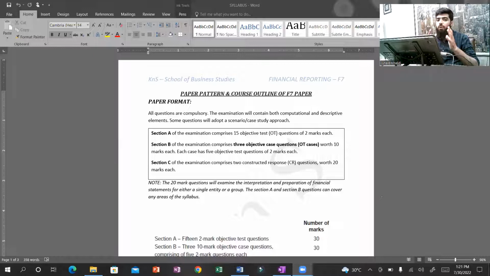Because if you are not good at your typing speed, if you're not good at your keyboard keys, it means you have to face the music. You will have trouble in this paper, and not just this paper but all the papers of the skills level.